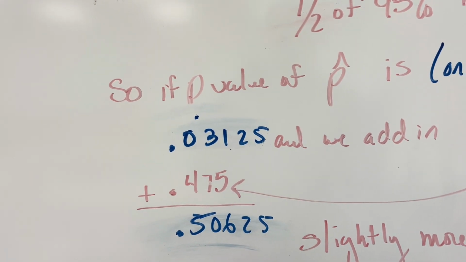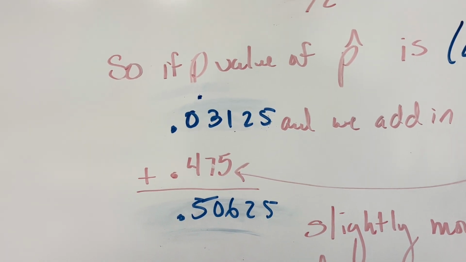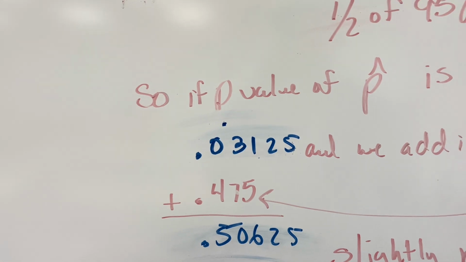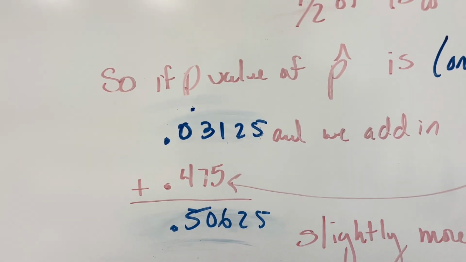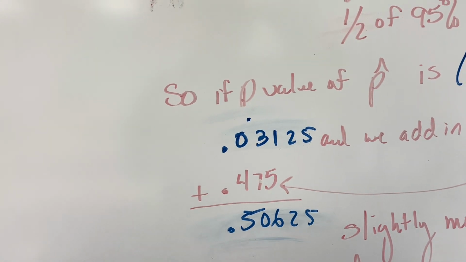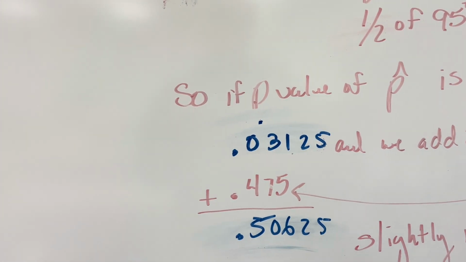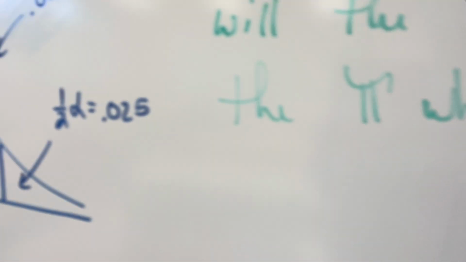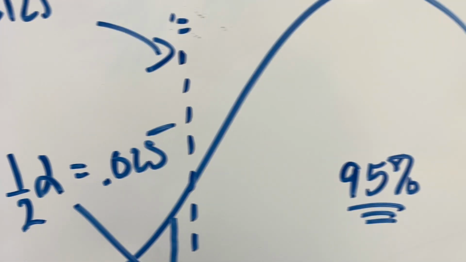Well, that's slightly more than 50% of the area under the curve. So yes, the confidence interval will contain the middle, or the pi.